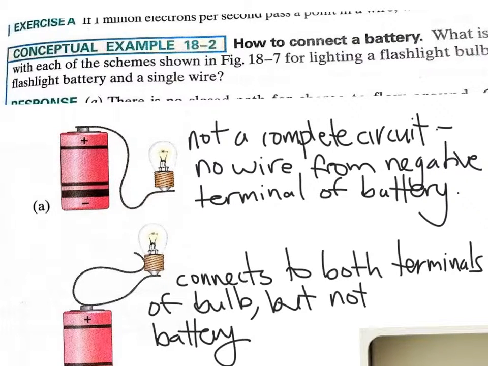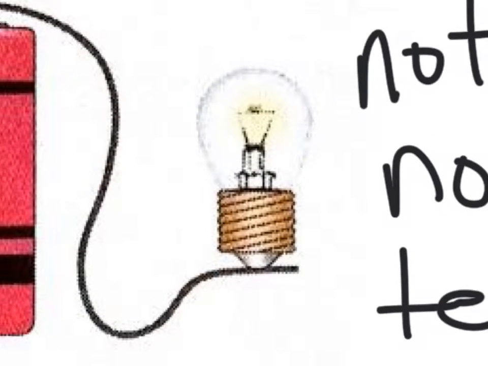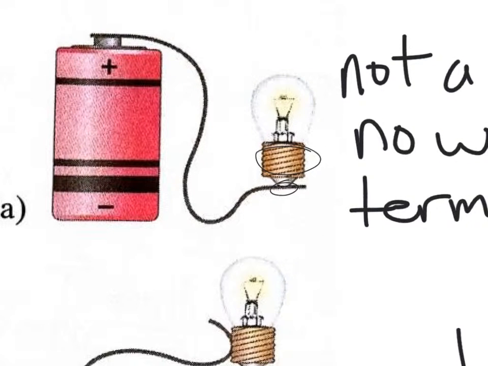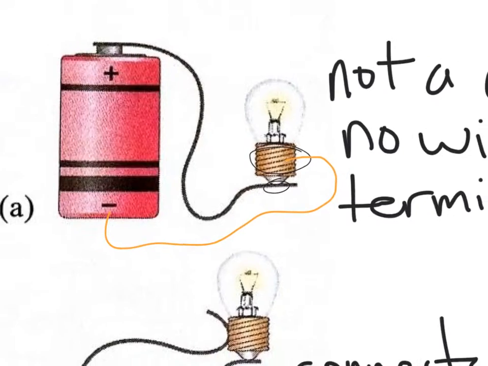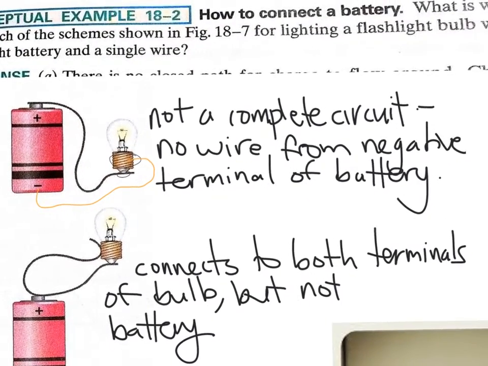With a light bulb, this right here is one terminal and this right here is another terminal, just so you know, and we'll see that in class. But in order for current to flow, there needs to be something connecting that to this. So what do I say? Not a complete circuit, no wire from negative terminal of battery.